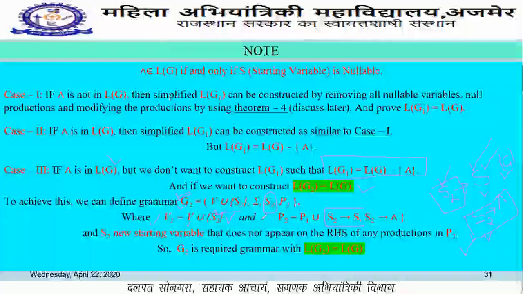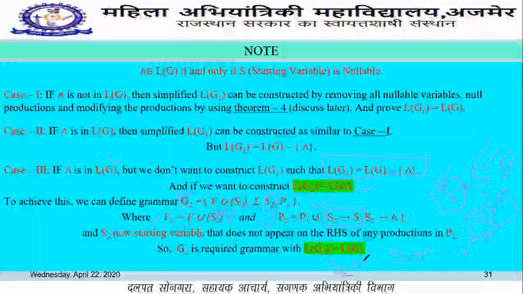Of course, we will discuss this with a suitable example. We have modified our grammar, and by using these modifications, our modified grammar L of G2 is equivalent to L of G and has no null production of the earlier form. But for the null string belonging to the language, we have a new null production, that is S2 tends to null.